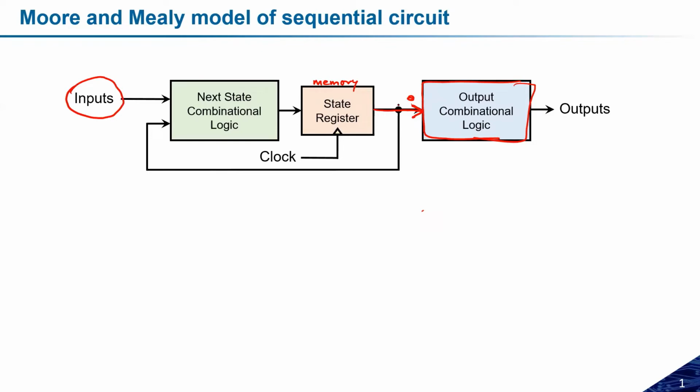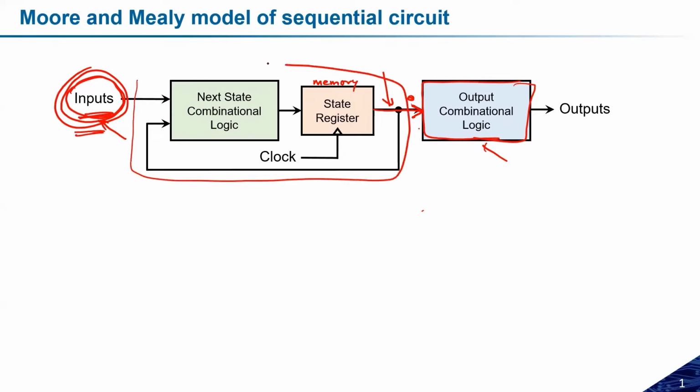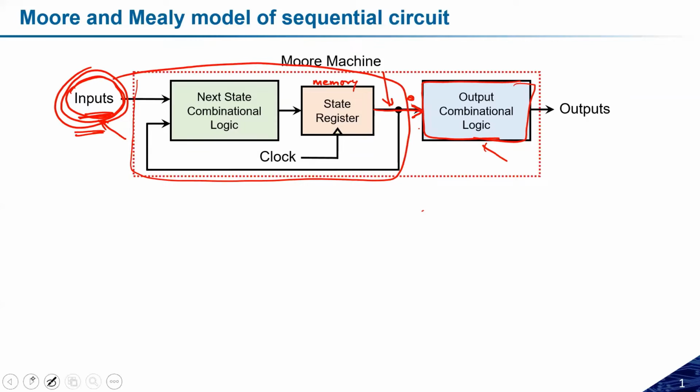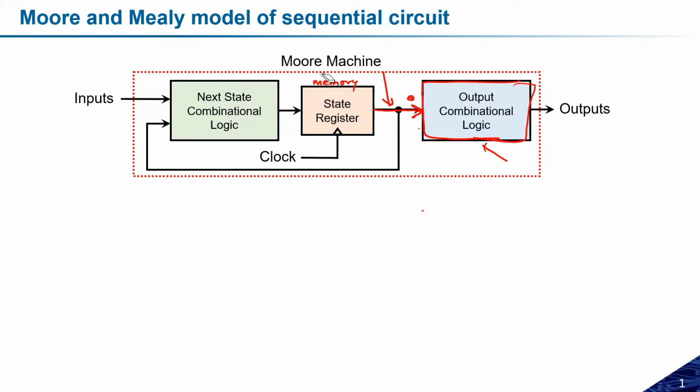So we can have two kinds of input, one will be this one and the second one will be this one. If the output combinational logic circuit does not depend on the current input of the sequential logic circuit, then we can call these the Moore machine or the Moore model.